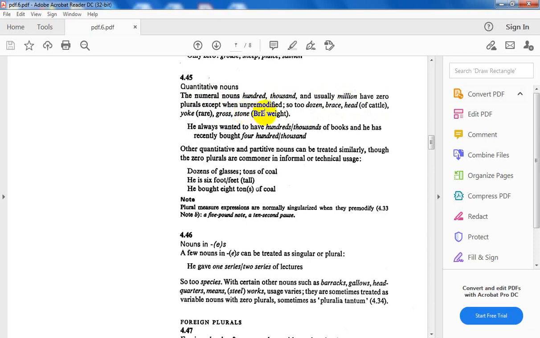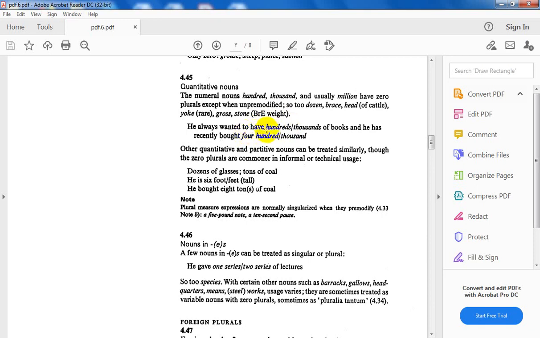That means when there is no pre-modification before it, when they are alone, they take the regular plural. For example, two dozen, brace, head of cattle, yak. You say: he always wanted to have hundreds or thousands. Here hundreds takes the regular form. Why? Because they are not pre-modified.